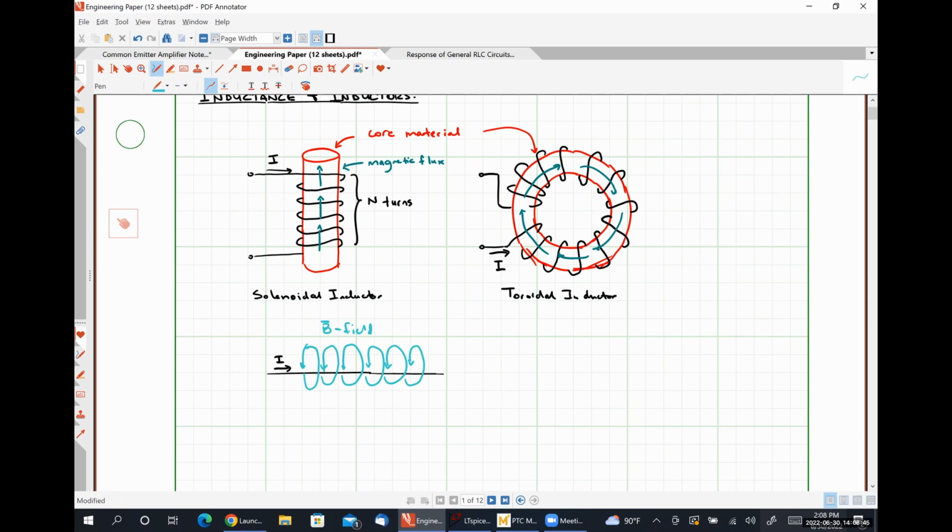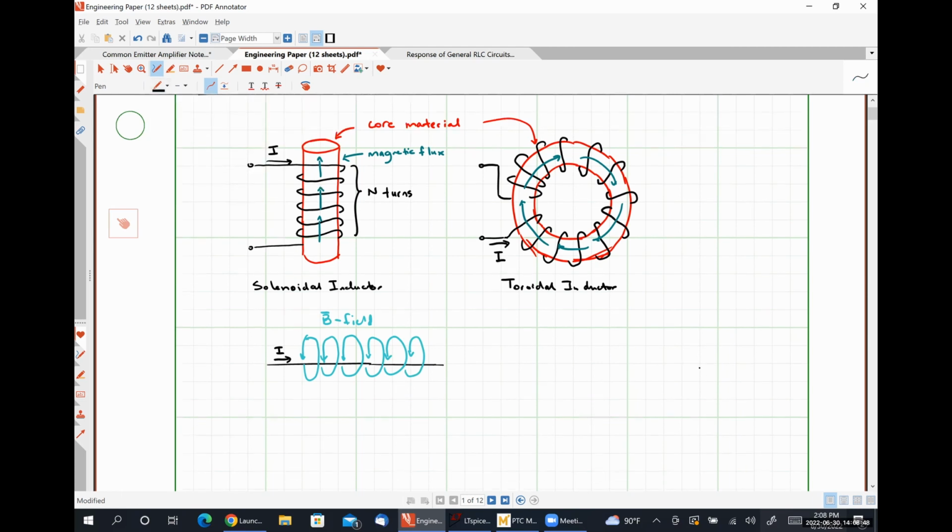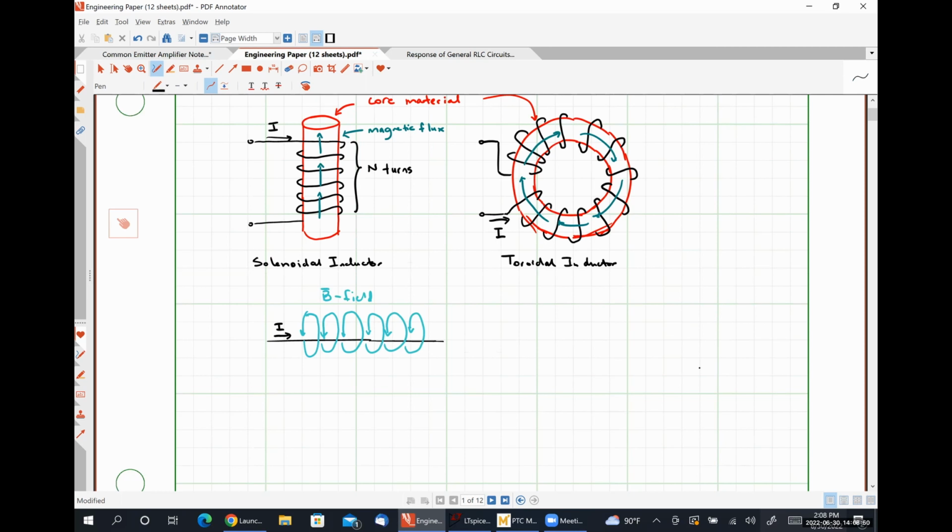So the magnetic flux that is inside the core, we write the word "the" better.